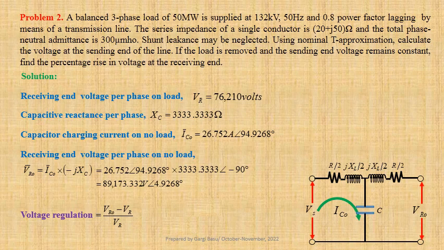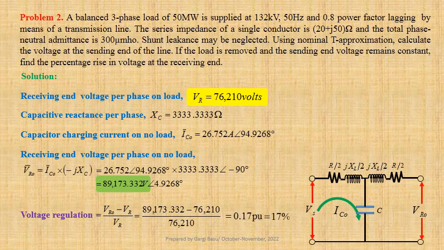Therefore, voltage regulation equals to 89,173.332 minus 76,210 divided by 76,210. That gives us 0.17 per unit or 17%.